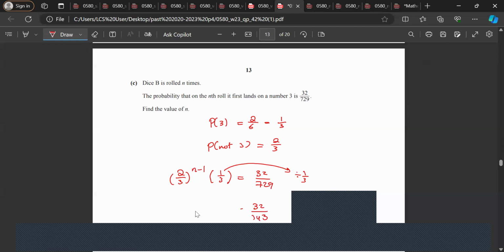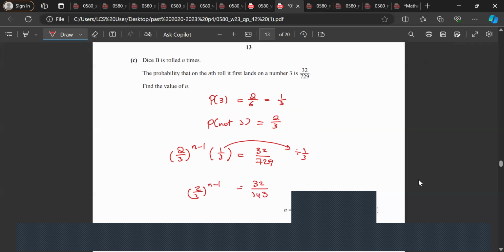And here 2 over 3, or I can just do direct shift solve: 2 over 3 power x minus 1 equal 32 over 243. Shift calc, 0 equals. So from here I will get n directly.